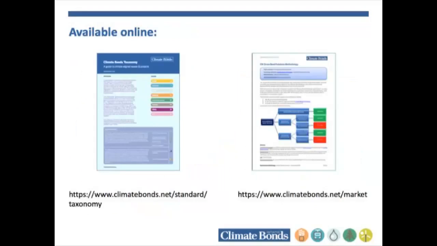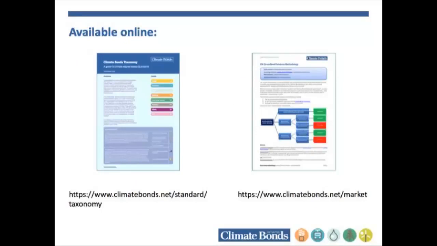Finally, I would like to point out that both documents we've talked about today are available online on our website. The taxonomy is available under the standard section. The methodology is available under the market section, where you will find also additional resources.